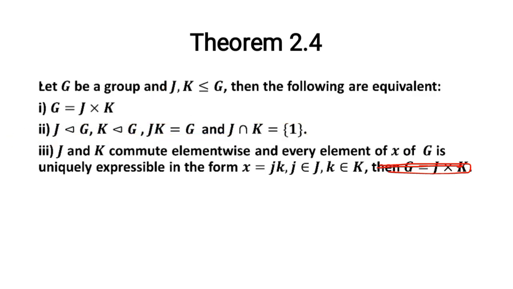We were to show that J is normal in G and K is normal in G. So we succeeded in showing it for K.